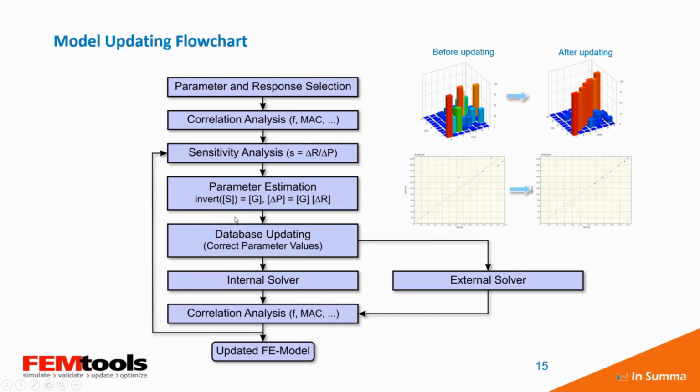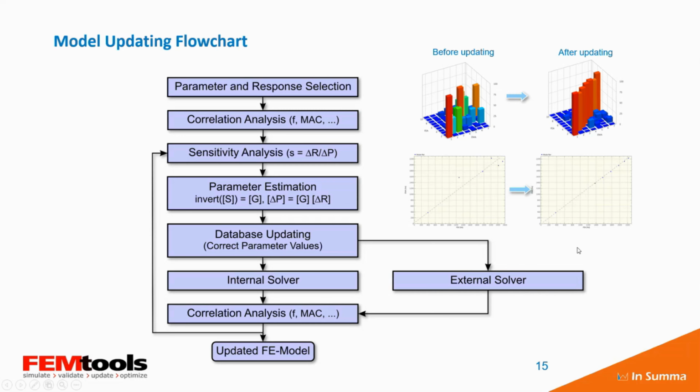The updating itself is an iterative process. As you can see here, we start by defining the problem in terms of parameters and responses, then correlate, perform sensitivity analysis, estimate the parameters using the Bayesian estimator, and update the database, which means we have to go through the solver again, either our internal solver or an external solver, as we are doing in this demonstration project.